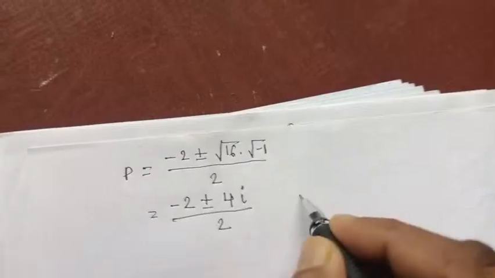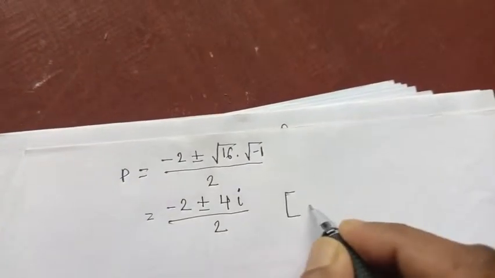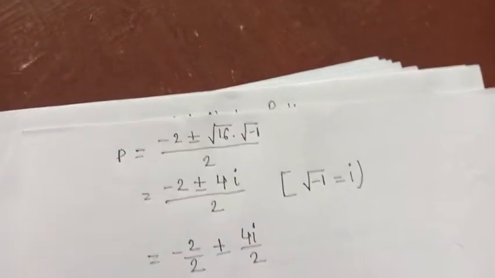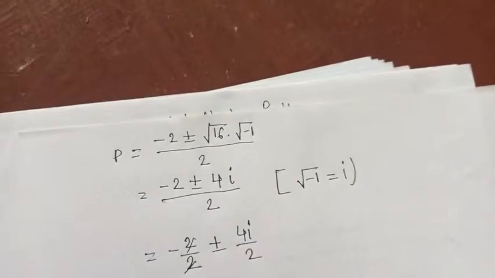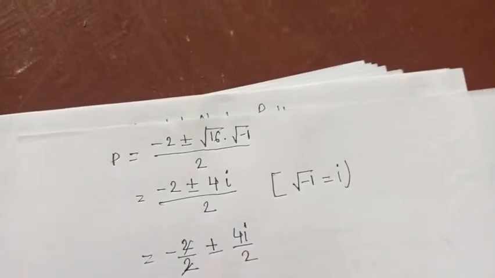As in complex numbers we can express root over minus 1 is equal to i. Now we divide both sides by 2 in the expression, and the expression becomes like this, that will cancel out: minus 1 plus minus 2i.